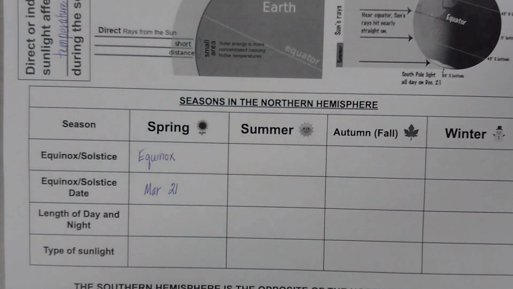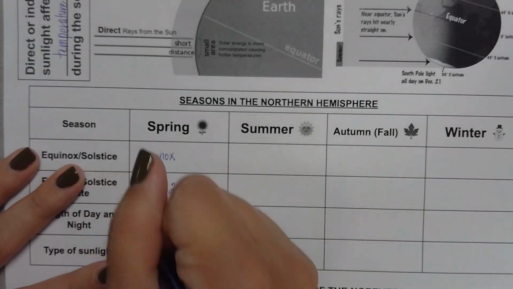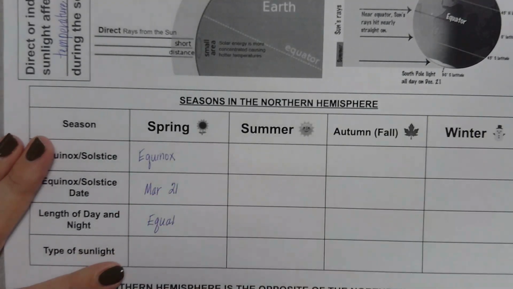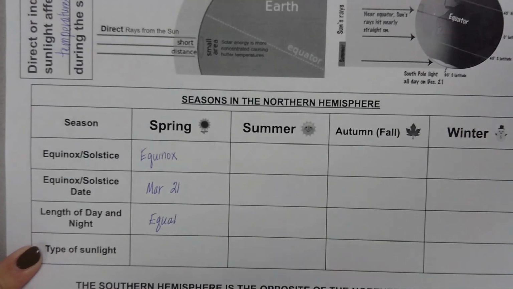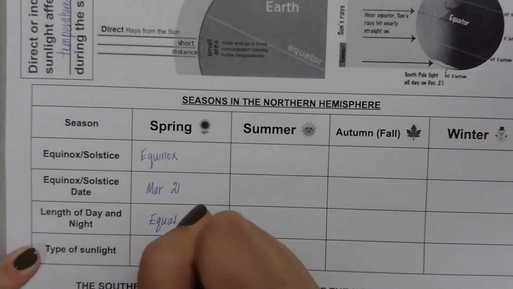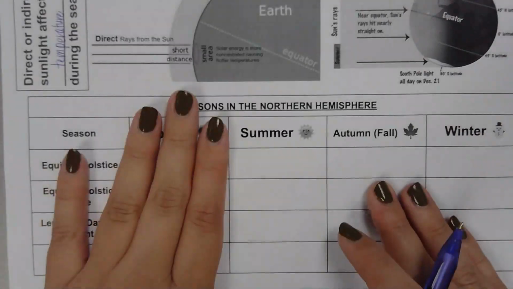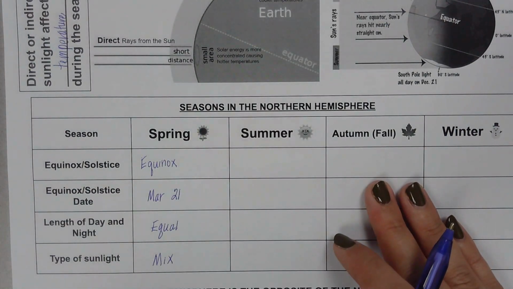It's not always on March 21st, but it's usually around there. So day and night are equal in length. We have a mixture of direct and indirect sunlight. So generally the temperatures are pretty mild, and because we're getting closer to summer, the temperature is warming up.